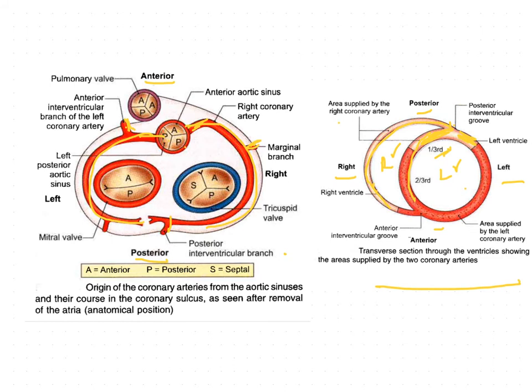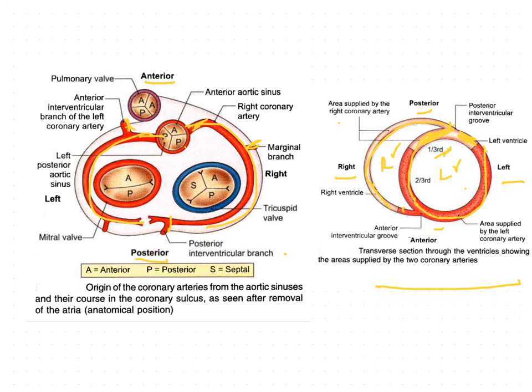Okay, and this reddened part is supplied by the left coronary artery. That means majority of the left ventricle is supplied by the left coronary artery, and a part adjoining to the anterior interventricular groove.